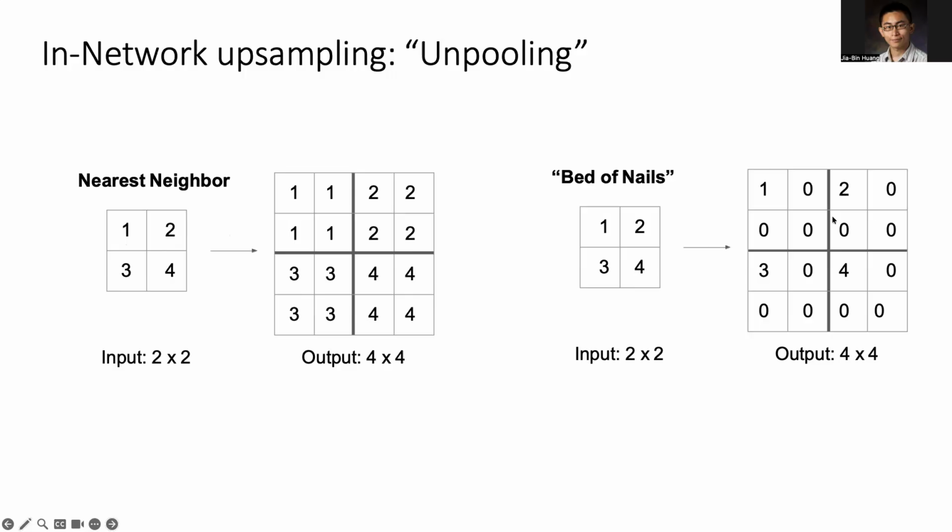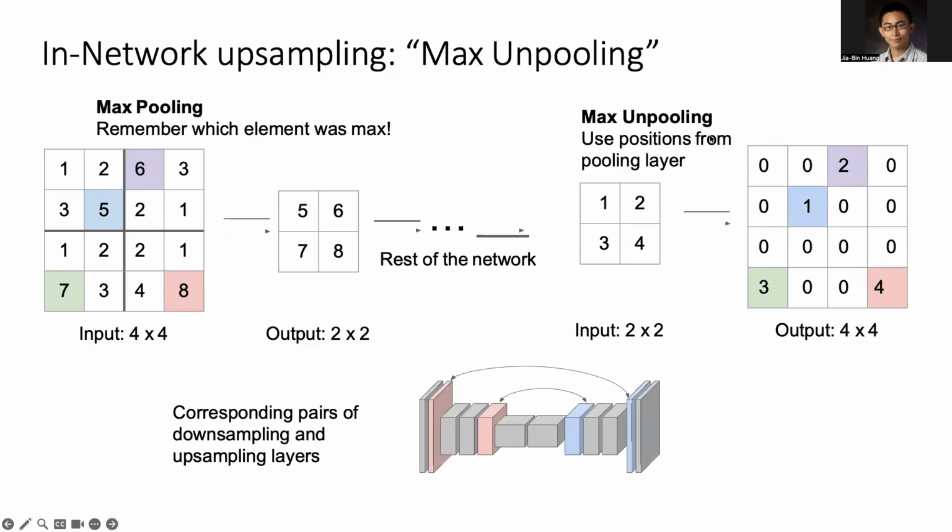You can do the bed of nails, where you move only the 1, 2, 3, 4 to the top left corner. Or, when you have corresponding layers, when you did the max pooling, you just move the max one to the correct locations. All these are valid options. People have been trying different ones.